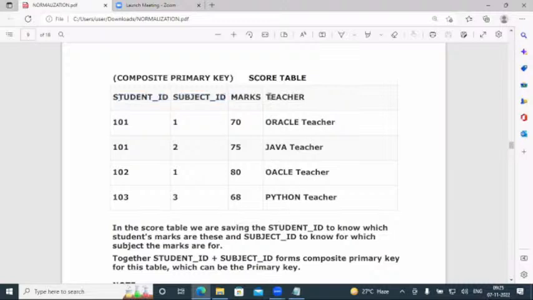But whereas coming to the teacher column, the teacher column depends on the subject, not the student. Why? Suppose you guys are here. After 10-15 days, your batch is completed, so you people will leave, and in your place one more new batch will come.